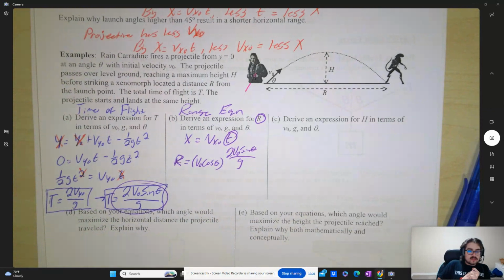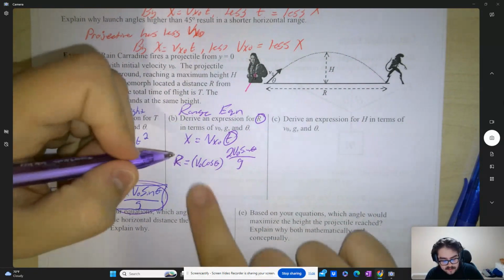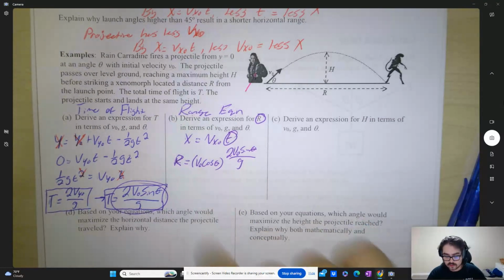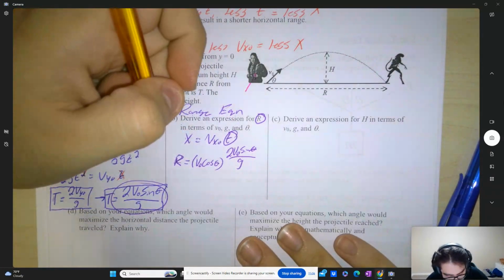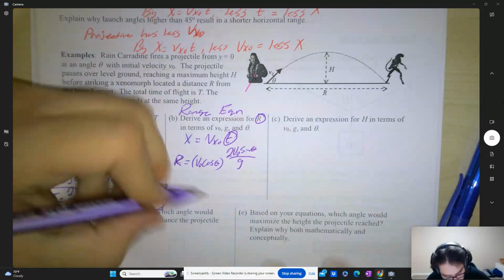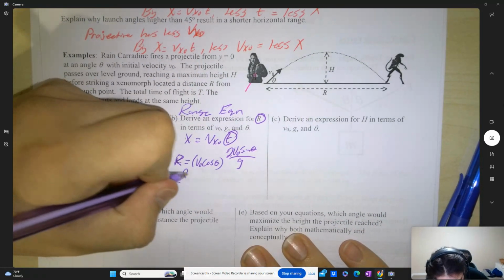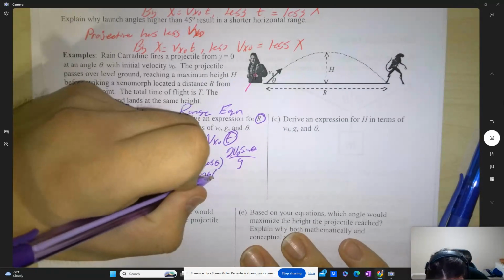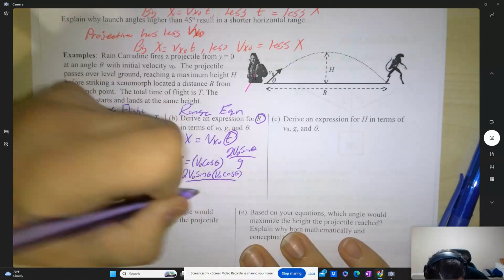Now, one thing to notice. If you remember this, it's fine, but I think this is the harder one to remember. I think it's a lot easier to use your trig identities and condense it a little bit more. Do you recognize that this is the same thing as 2 v naught sine theta times v naught cosine theta, which I'm putting on the top there?